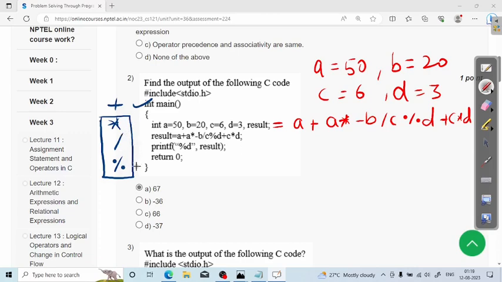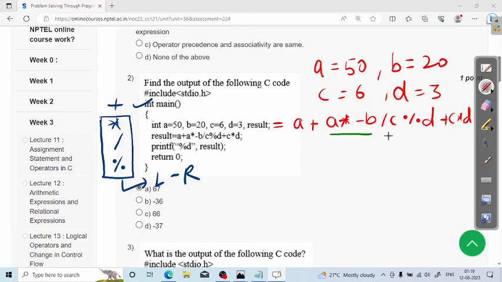If you remember, the associativity of these operators is from left to right. Okay, if required I'll show you also in the middle, but it's a very simple one. So let's execute it. Left to right means, first of all we have to execute this.